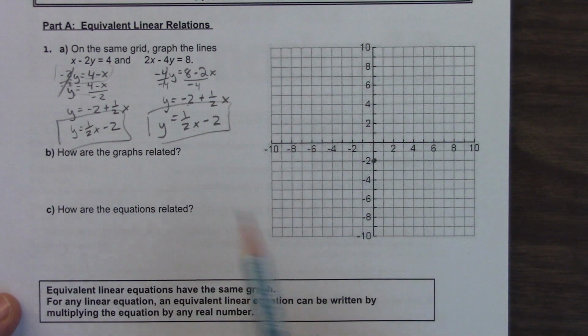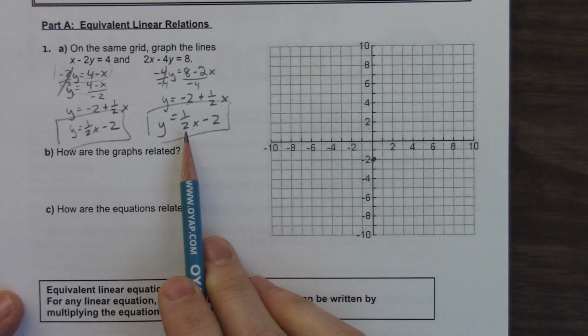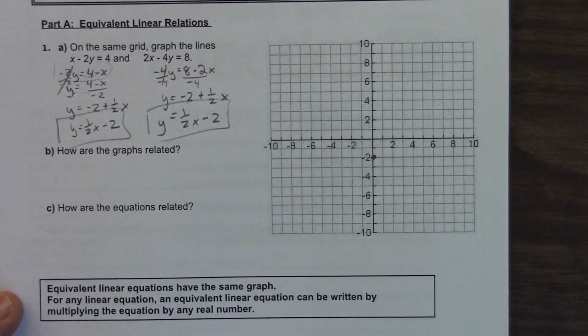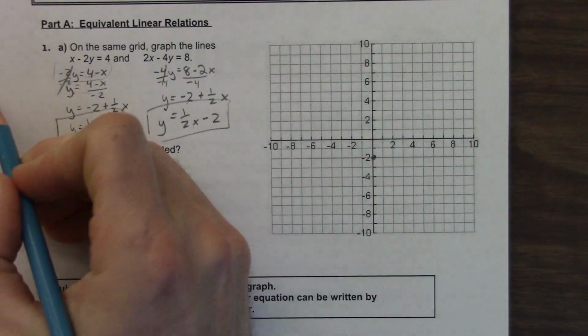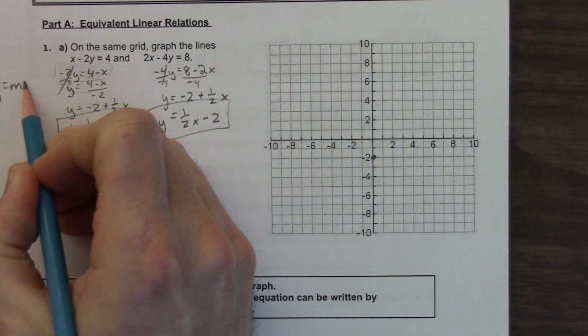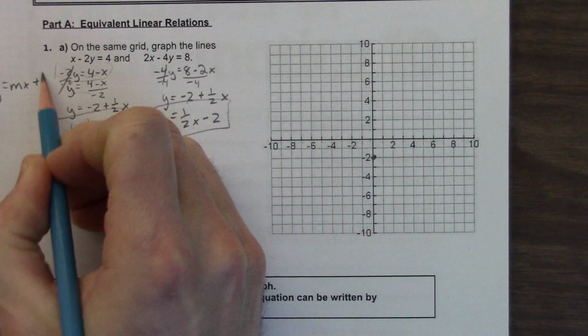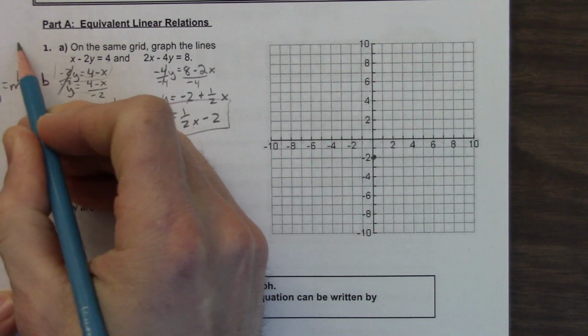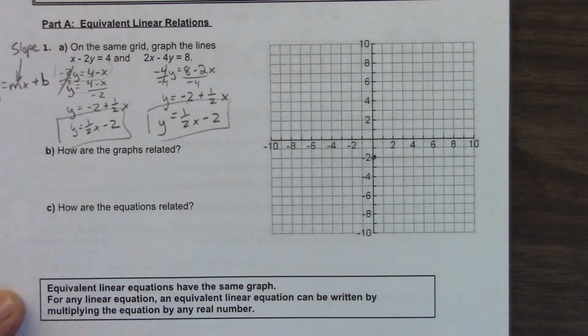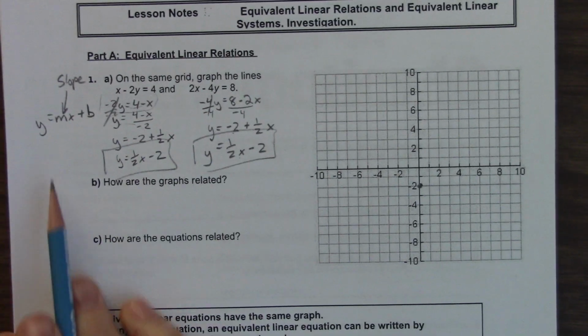Stefan, what's the slope here of this line? What's the slope? 1/2. Right? That's your slope, mx plus b.